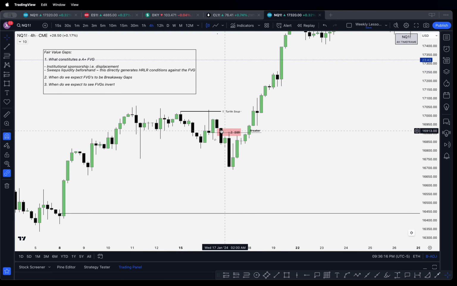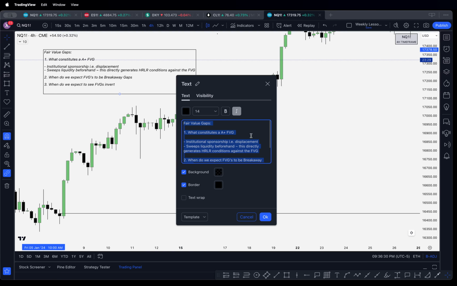Fantastic. What's the other thing I just mentioned here that we have? Order block, or I guess it's breaker also. It is paired with a breaker or OB.